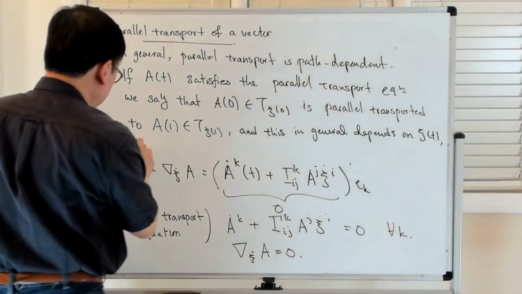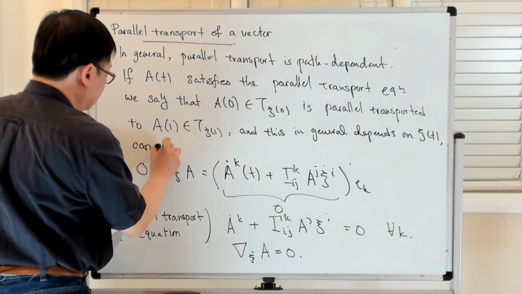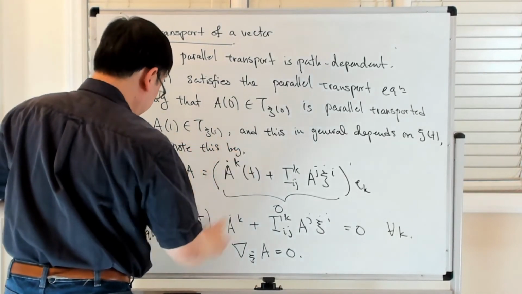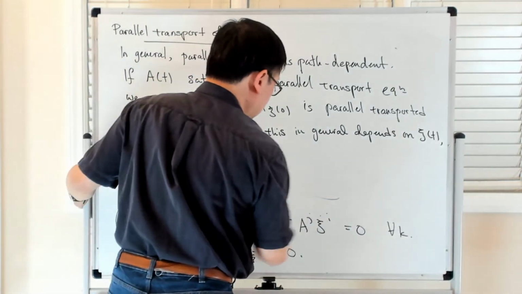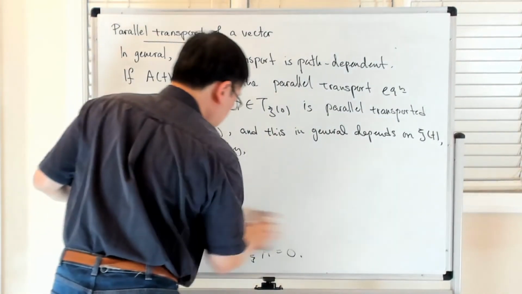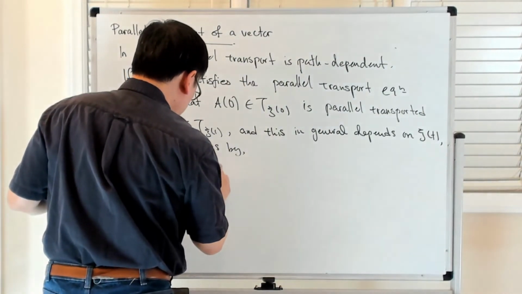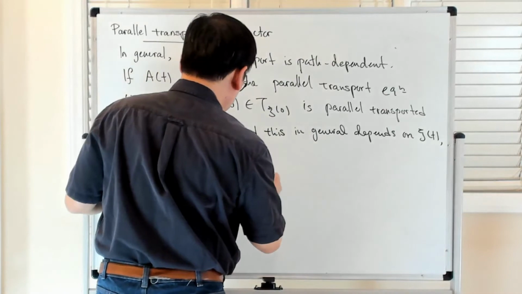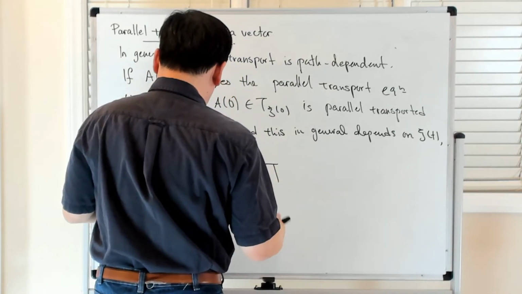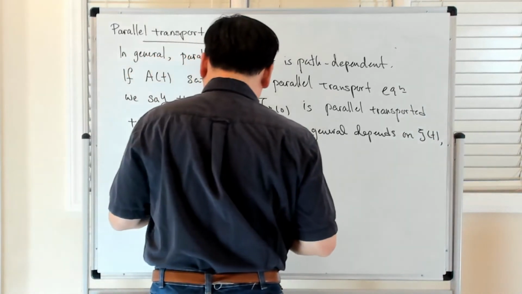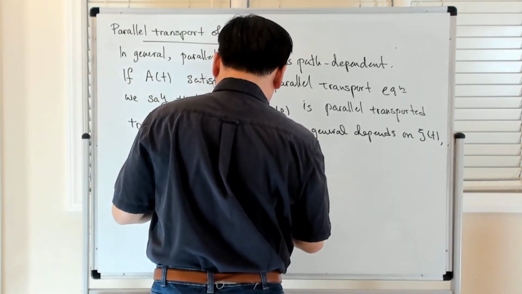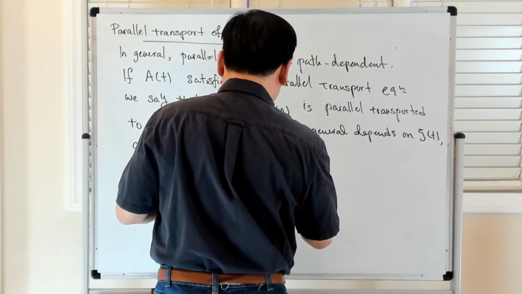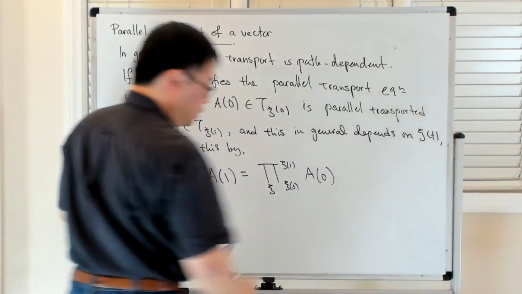So I can denote this by the following. That A1, the parallel transported vector at the end of the curve, is denoted by pi along some curve from C at 0 to C at 1, and this acts on the tangent vector at time 0.